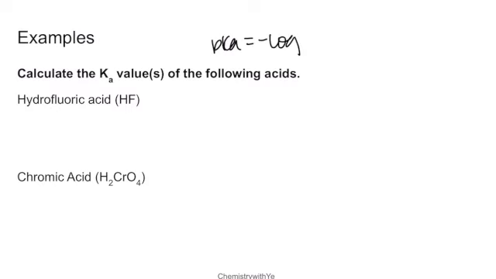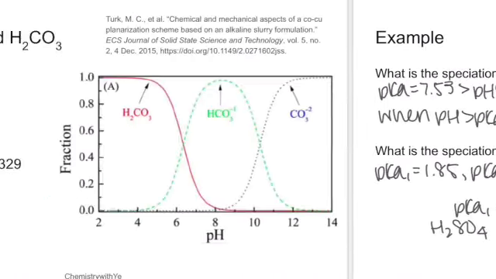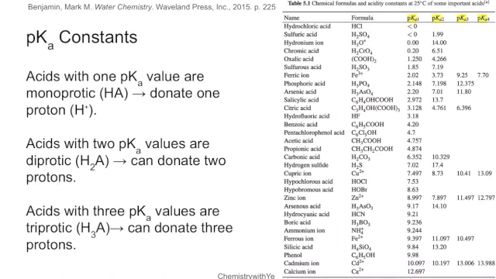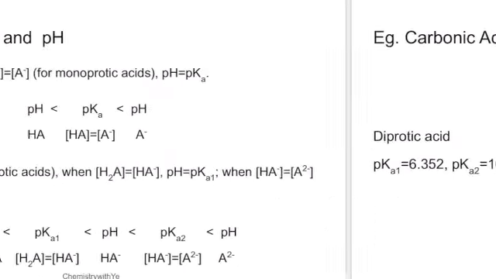So looking at these examples here, we're calculating the Ka values of the following acids, remembering the equation that pKa equals the negative log of Ka, which means that Ka is equal to 10 to the power of negative pKa. So for hydrofluoric acid, we'll look at the pKa value, which is here with 3.18.